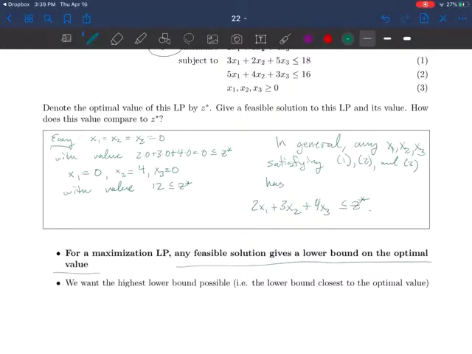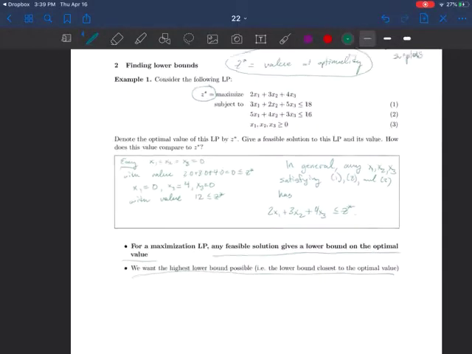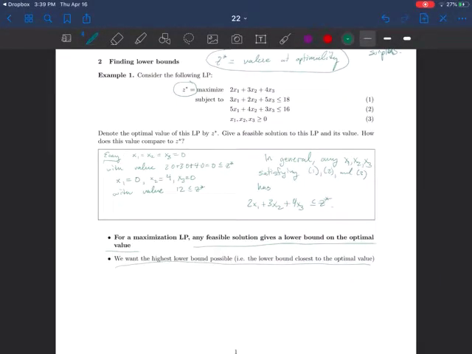Right? That's by the definition of the optimal objective value. Any feasible solution is a lower bound on the optimal value for a maximum linear program. And of course, we want the highest lower bound possible. In some sense, that's another way of phrasing what it means to solve these. The optimal solution is, by its definition, the highest lower bound possible.